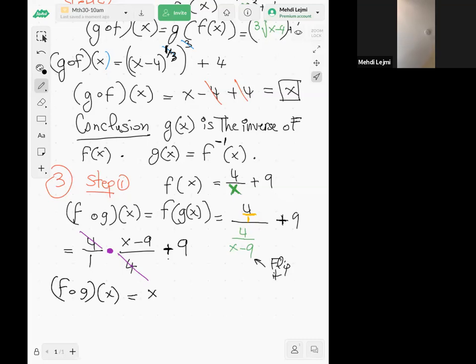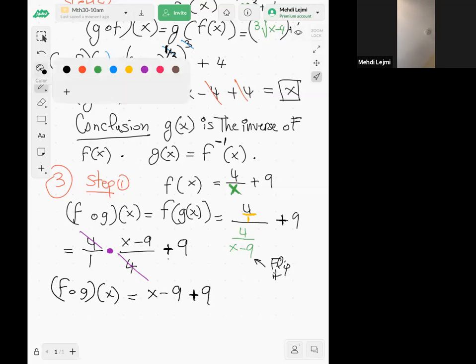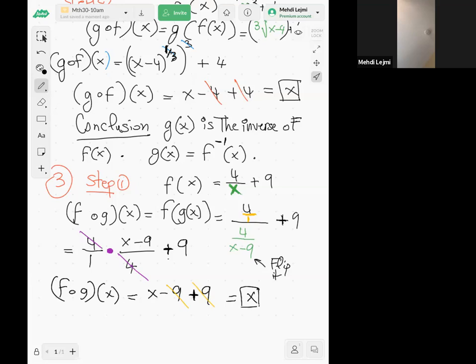So x minus 9, and then there's plus 9. So this cancels out. So it's just x. All right, so if it's x, then again, I can move to the next step, step 2.